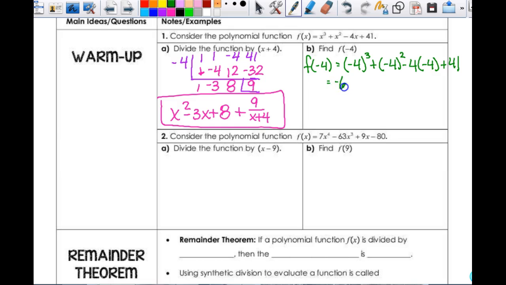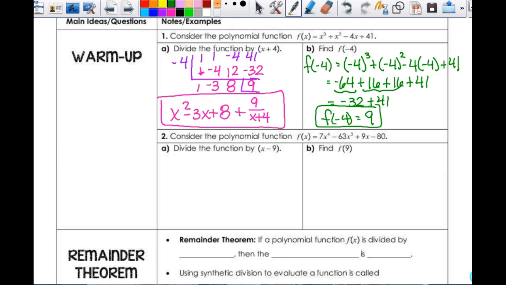So it's -64 plus, this would be 16 plus 16 plus 41. All right, so 16 plus 16 is what? 32. 32 -64 gives me what? -32. So I really have -32 and 41. So this is f of -4. 9.